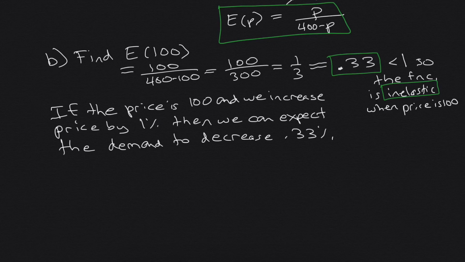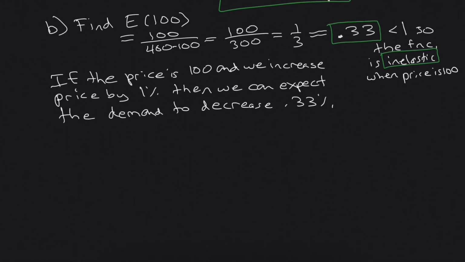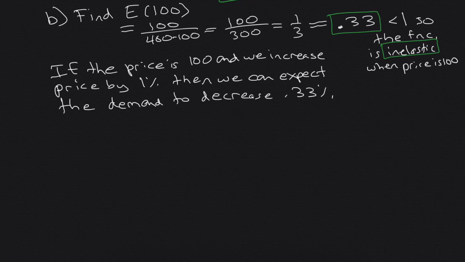And I'll go ahead and do another one very similar to this. Let's do part C here. And I'll go ahead and rewrite my E of P in just a second. But let's find E of 300. And my E of P, I'll put it off to the side here.